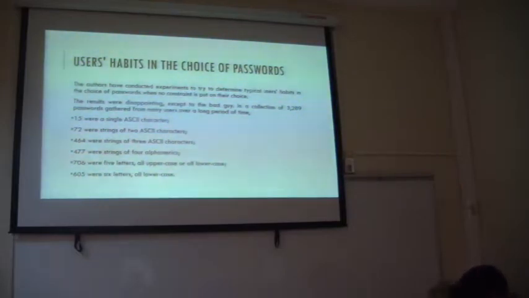So they did some experimentation. They gave the freedom to the users to choose any password. There is no constraint on choosing the password.